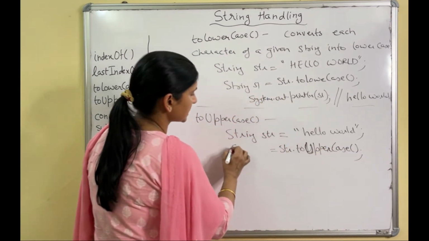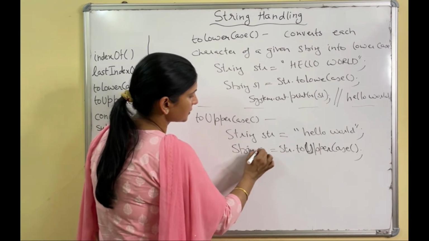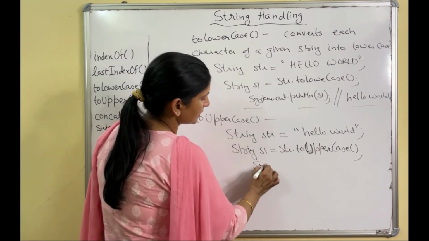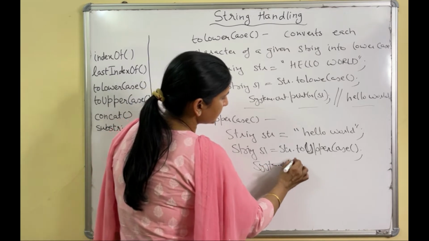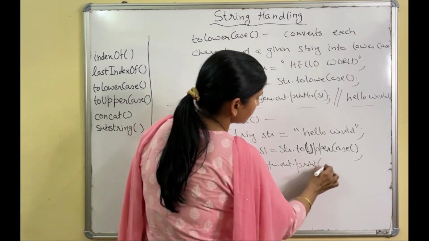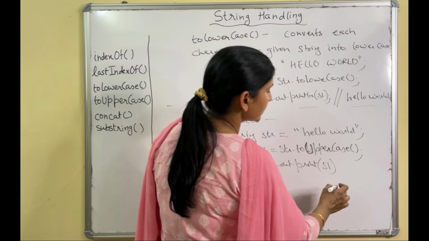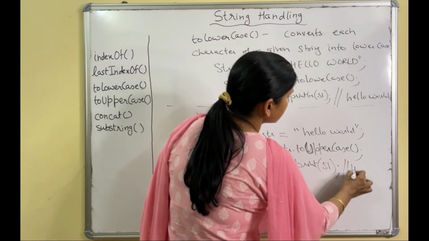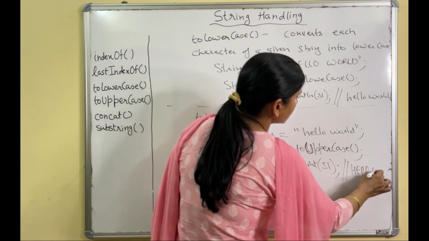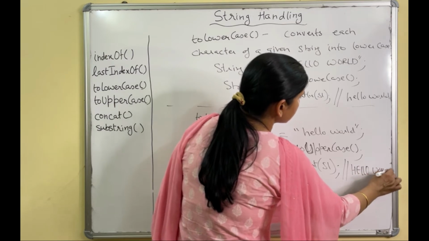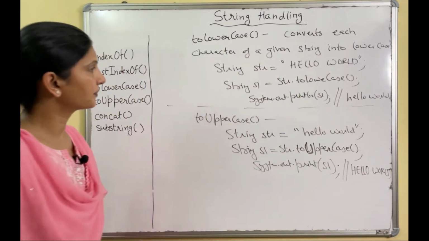And again I am assigning it to another string s1, and now if I display s1, what should be displayed? The same string in uppercase, HELLO WORLD. I hope it is clear. Very simple it is.